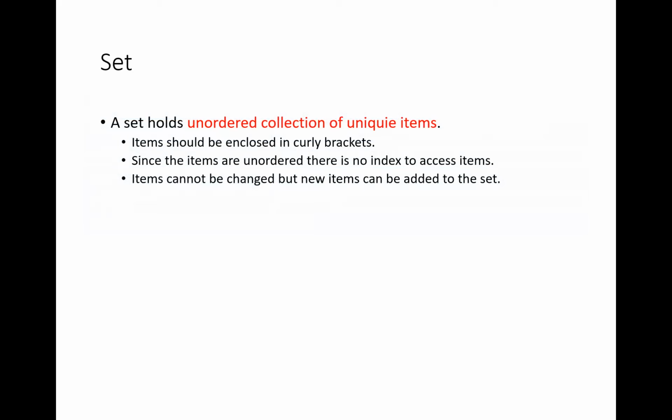In the previous case, both lists and tuples can have duplicates, but here it's unique. You cannot have the same number twice in a set. And another thing, we will use curly brackets.